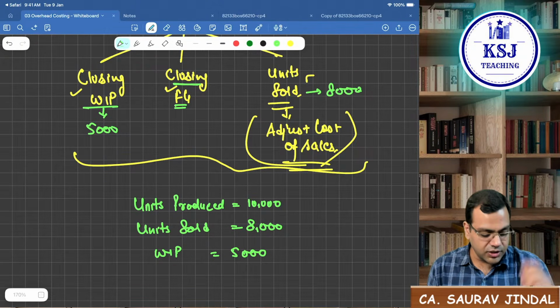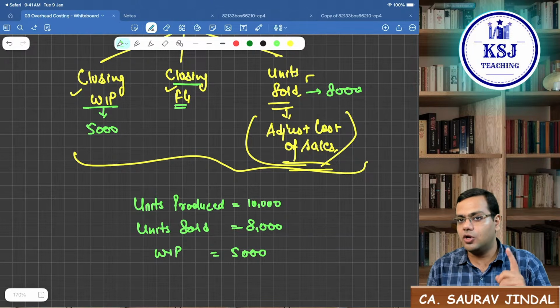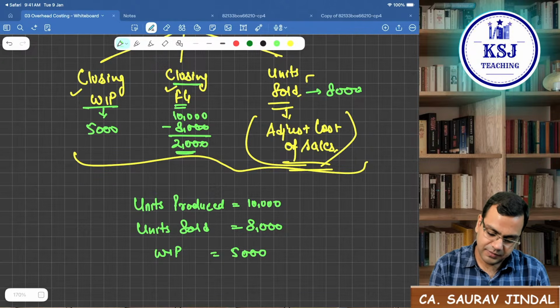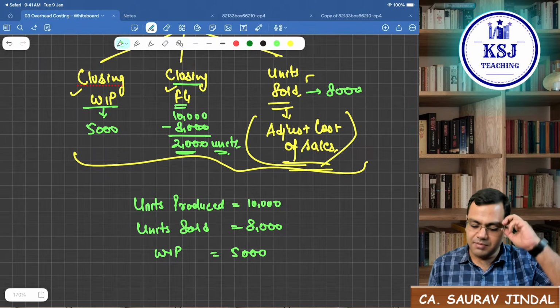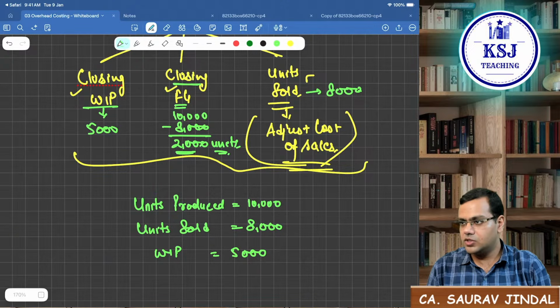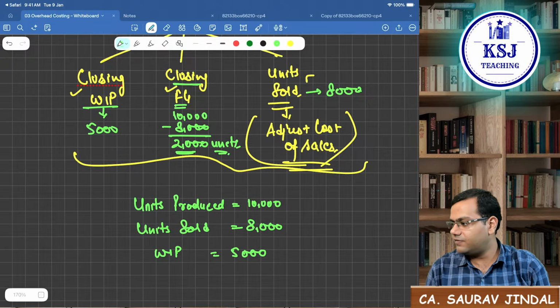If you produced 10,000 units, but you sold 8,000 units, so your closing stock of FG will be 10,000 minus 8,000, that is 2,000 units. So in the FG you will take 2,000. Be very careful if this kind of information is given, 2,000 you will take here.